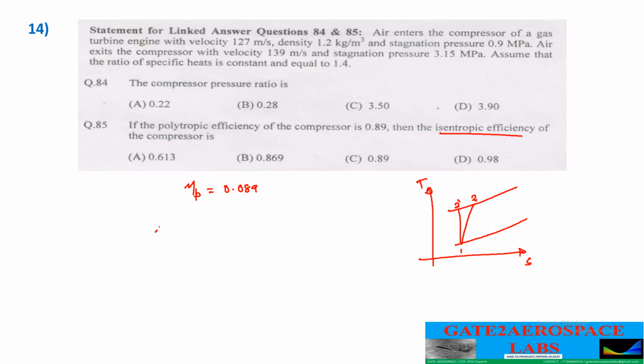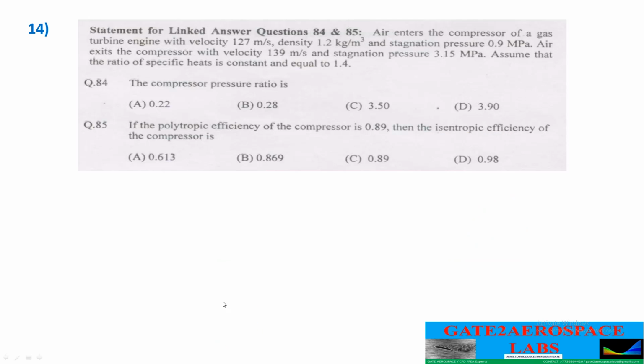Now the isentropic efficiency we know is given as (T2 dash minus T1) divided by (T2 minus T1). If you take T1 common, this will be equal to (T2 dash by T1 minus 1), and this T1 will get cancelled, divided by (T2 by T1 minus 1).